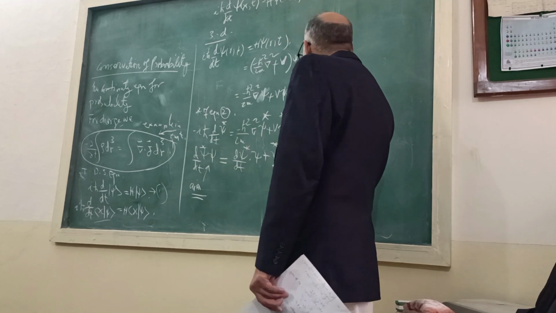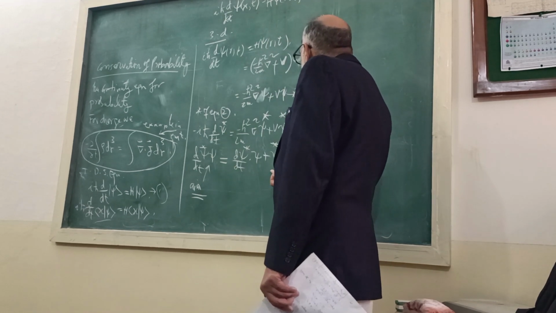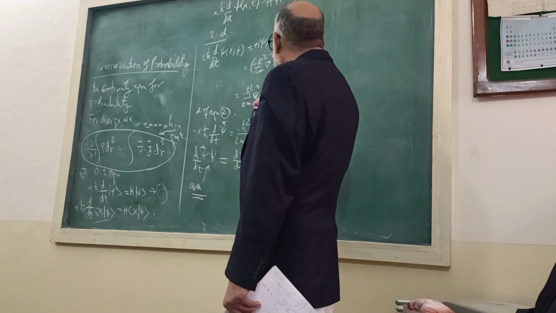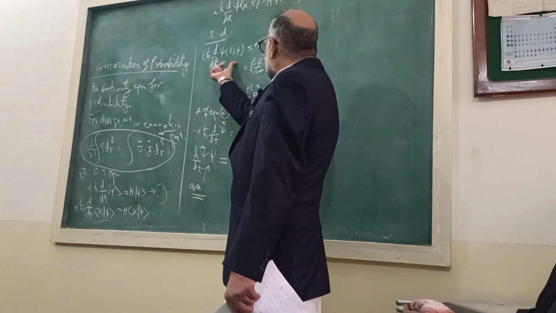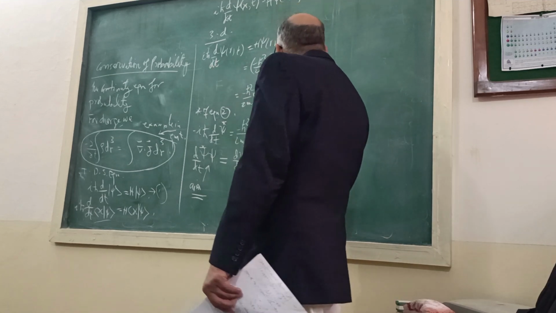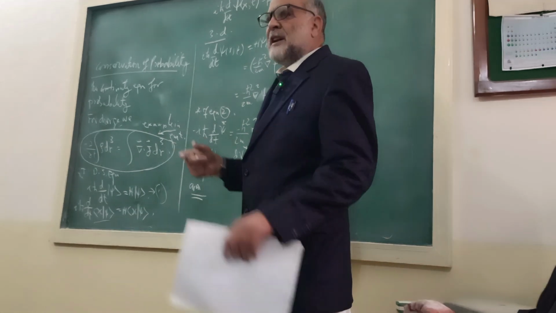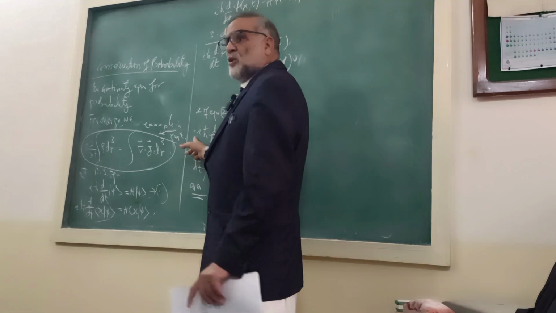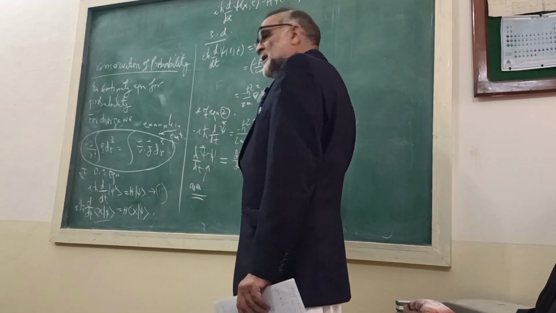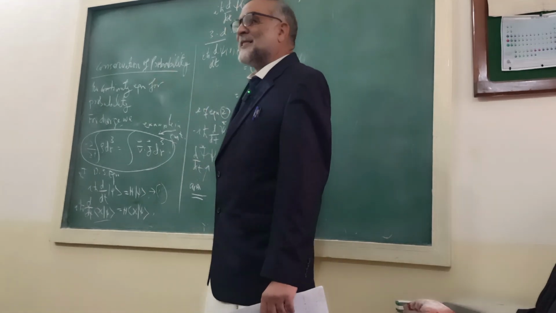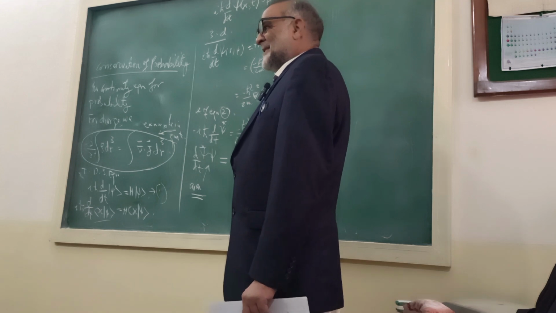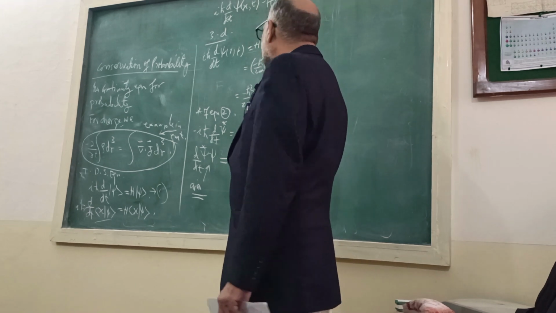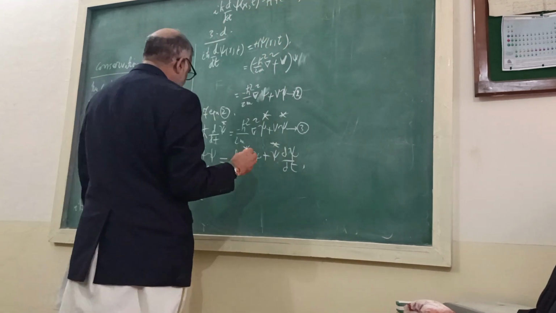This is the left side. And if I add them, there is a negative sign here, so it will not be like this. Therefore, I should subtract. Is it clear? Yes. Therefore, I should subtract.